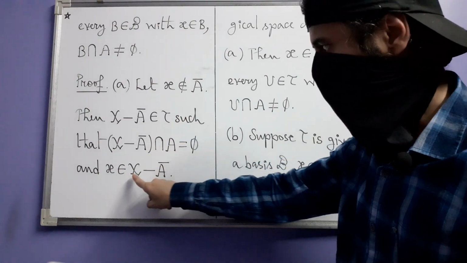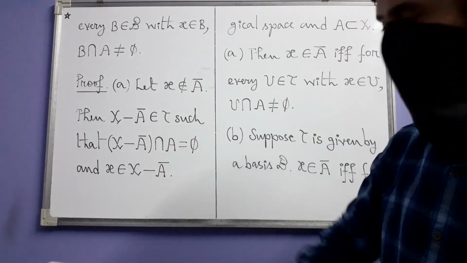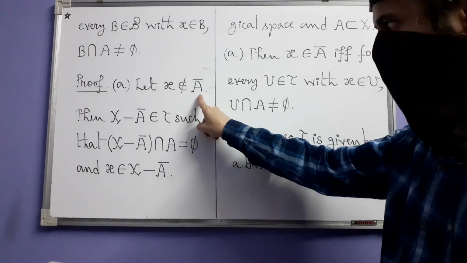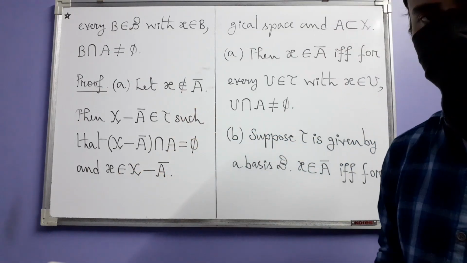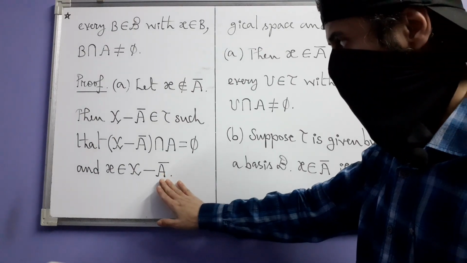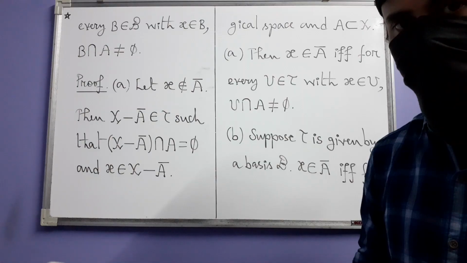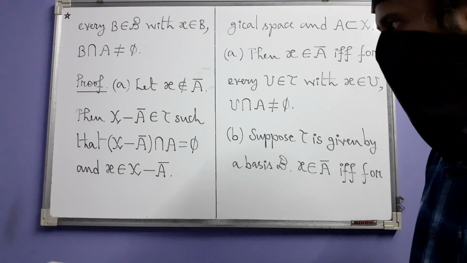Then x belongs to the complement of A bar. I should have written this first, but anyway, because x does not belong to A bar, so x belongs to the complement of A bar. The complement of A bar, however, is in the topology. That means it's open. Why? Because A bar is closed, that we already know.